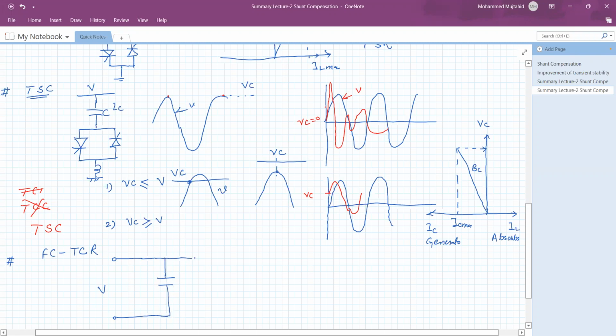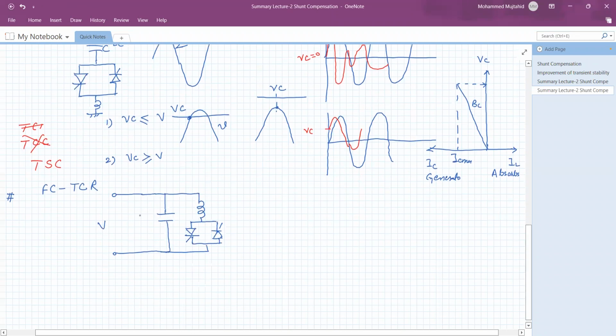It is shunted by an inductor and thyristors. Under such a condition, this is the fixed capacitor and this is the inductor. The current in the inductor is going to vary with respect to the change in delay angle. So this part is a fixed capacitor and this part is a thyristor controlled reactor.